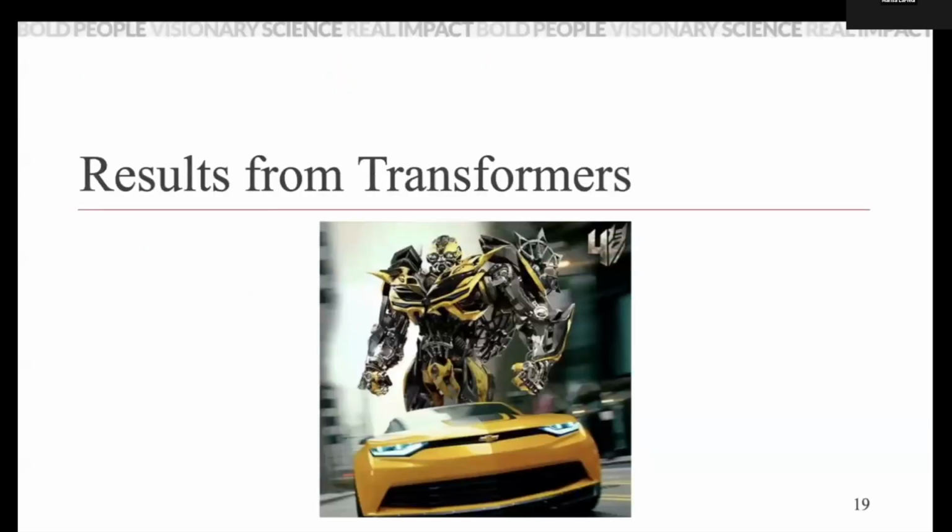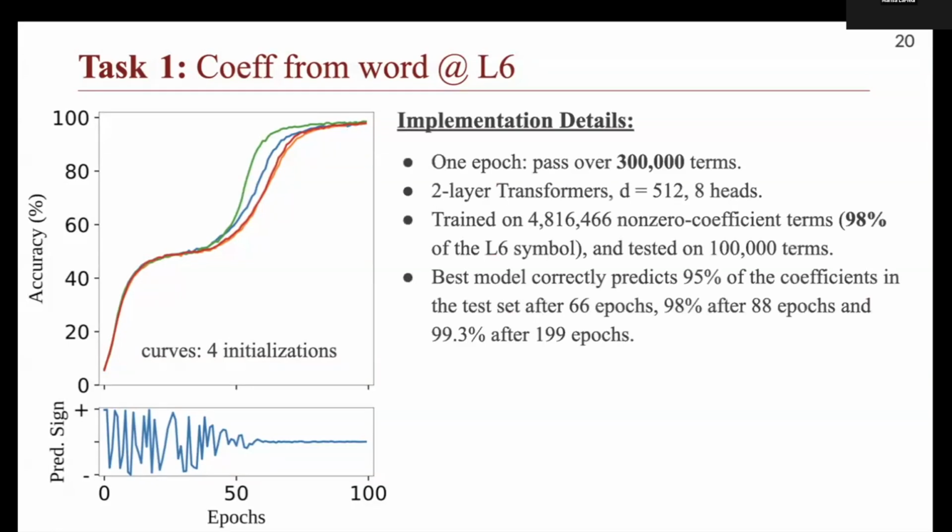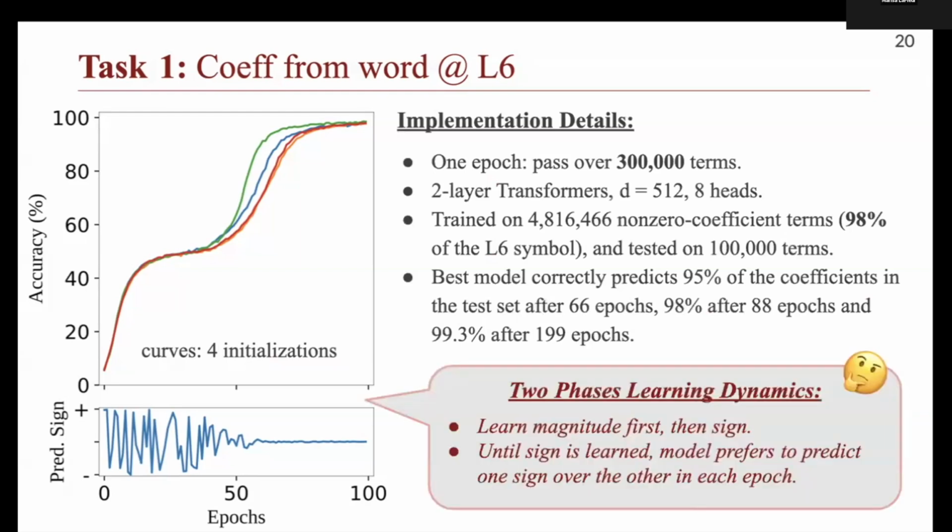Okay, so now let's look at some of the other results from the transformers. This is doing the first task, predicting the coefficients of words at group 6. These are the implementation details, but what you're seeing here is the prediction accuracy over the epochs. There is a very interesting two-phase learning dynamics that we observe for almost any model we train.